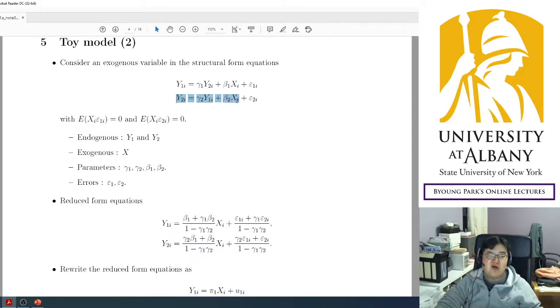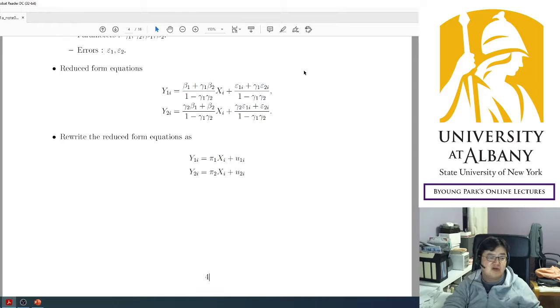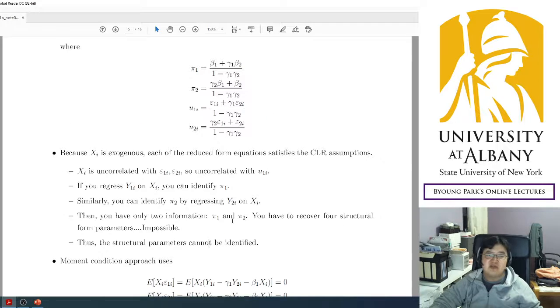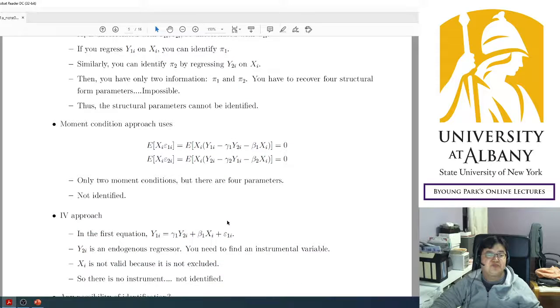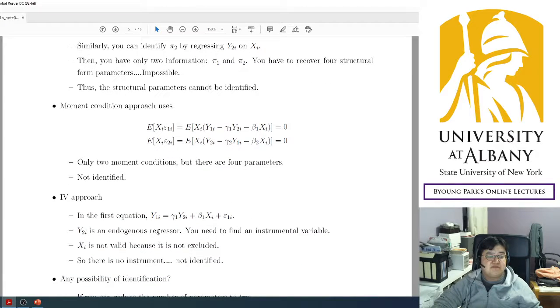Then you have to think about how y2 is determined. But y2 is determined only by y1 and x. y1 cannot be an instrument because it is already a dependent variable. And x cannot be an instrument because it is already included in the regression. So in the end, there is no instrument available. Therefore, nothing can be identified. That is another way to argue.